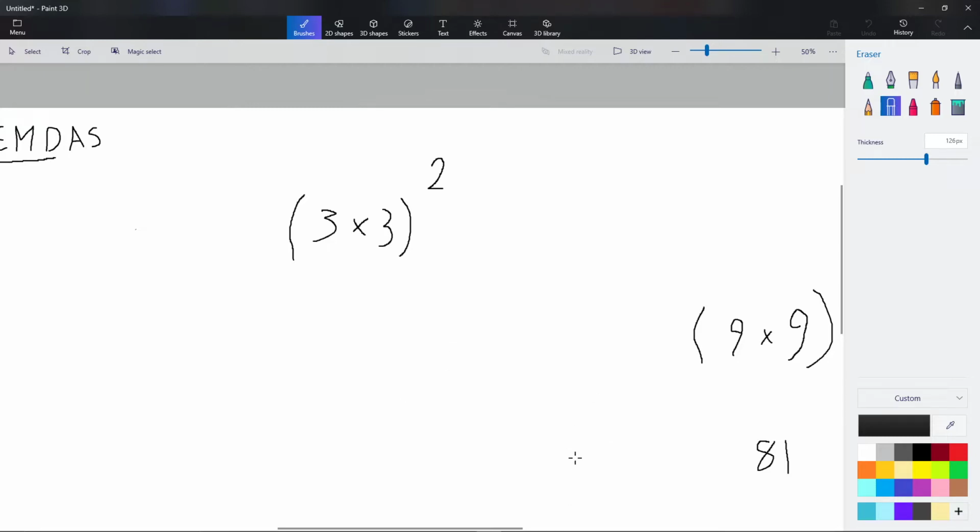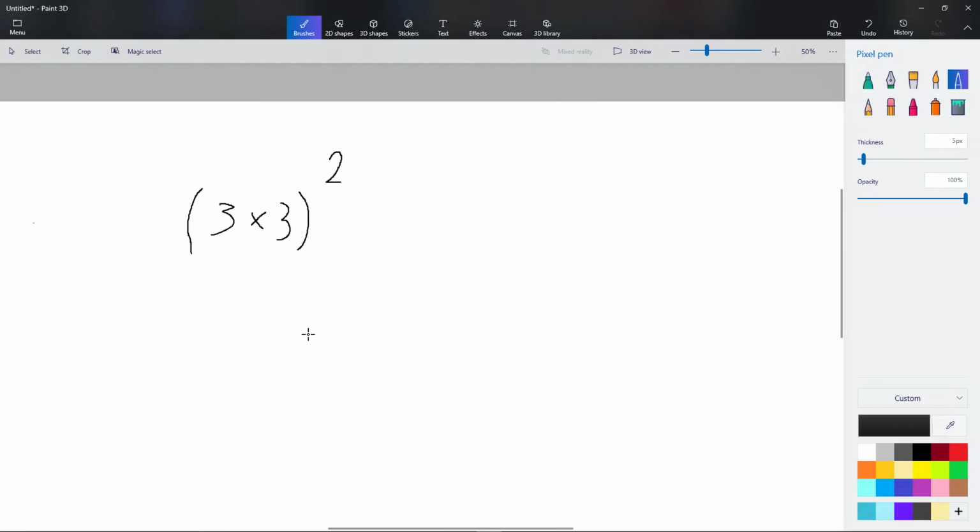So let's start over this problem again. But this time we know that this is all 81 on the left here. We did all of that already, so we know this is 81, and we're gonna just add another thing happening over here. Let's add a 10 times 2 here, also to the second power. Okay, so then what we have to do is the same thing we did on the left side. We know that this is 81, and we could theoretically just write this as 81 plus that, but we're not going to do that.